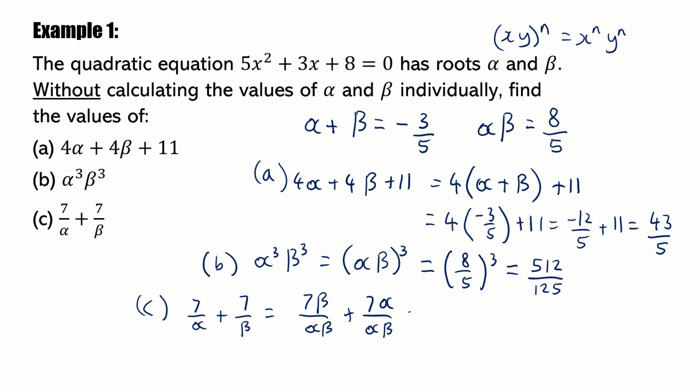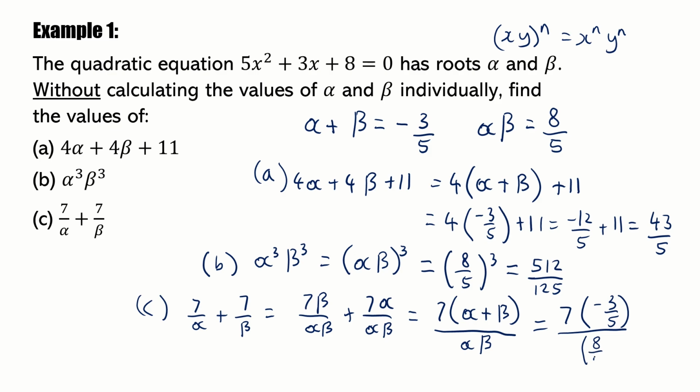And then when we combine the fractions, we realize we just need to do 7 lots of alpha plus beta, all divided by alpha times beta. Cool. So therefore that's just going to be 7 lots of minus 3/5, all divided by 8/5. And if you were to work out what that's going to be, it's just going to be minus 21 over 8. Nice. Example 1 done.